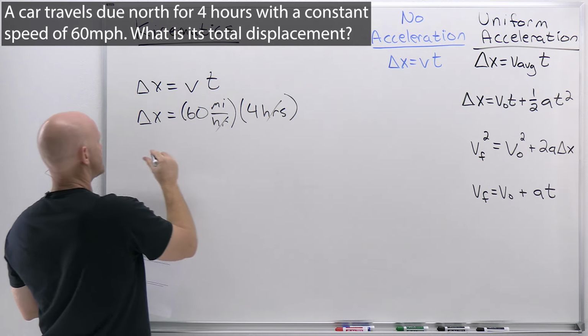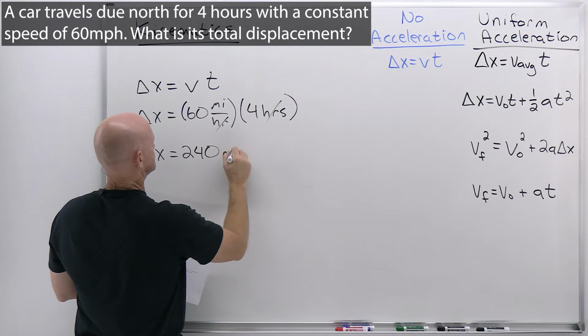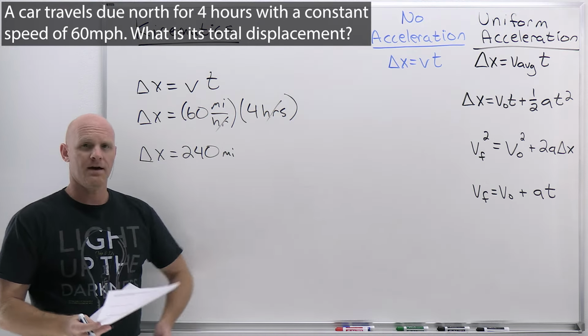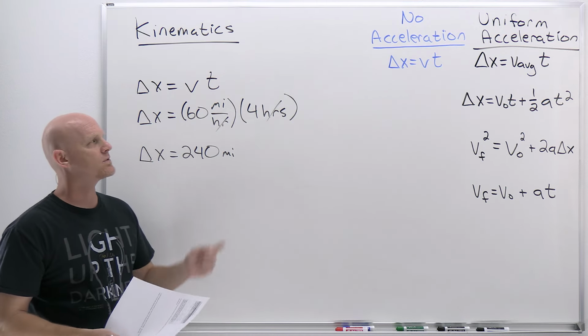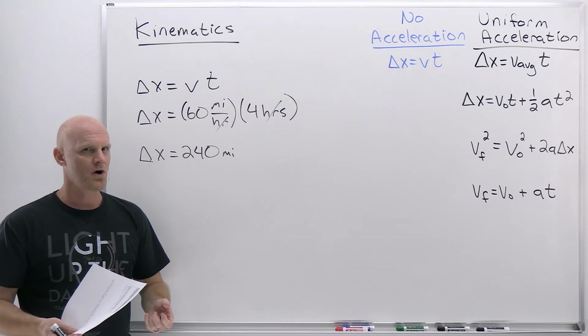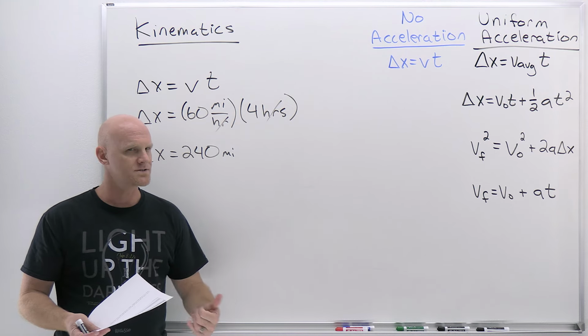So 60 times 4 is 240 miles. And there's a good chance you probably did this one in your head without plugging and chugging going through an equation. Like, well, Chad, the car goes 60 miles per hour. That means every hour it goes 60 miles.